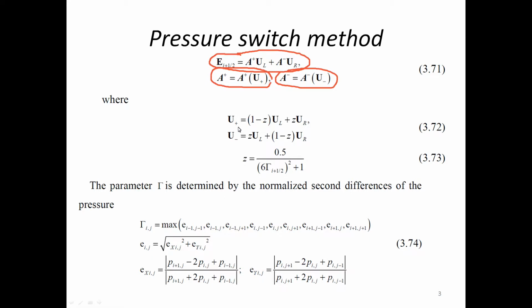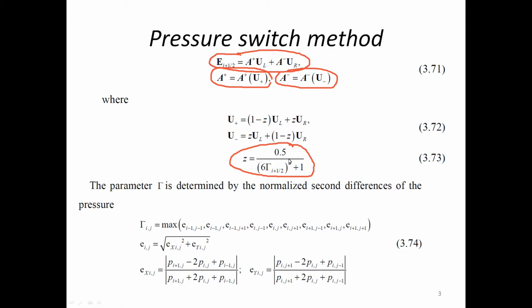U plus is equal to (1 minus Z) U left plus Z U right, and U minus is equal to Z U left plus (1 minus Z) U right, where Z is given by the following formula.